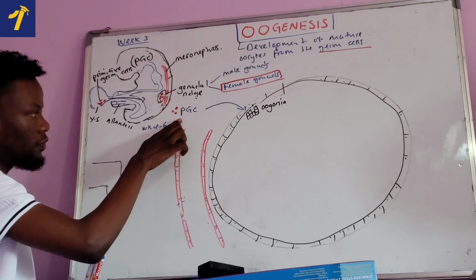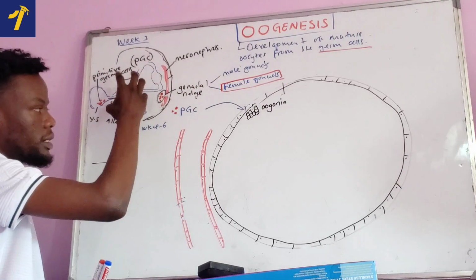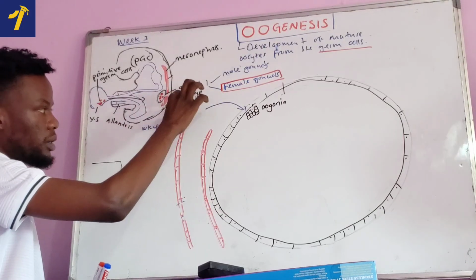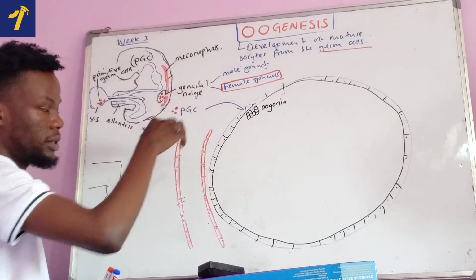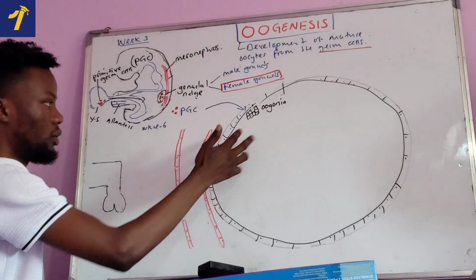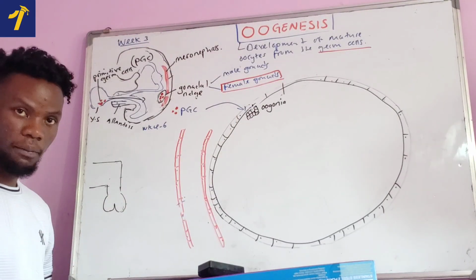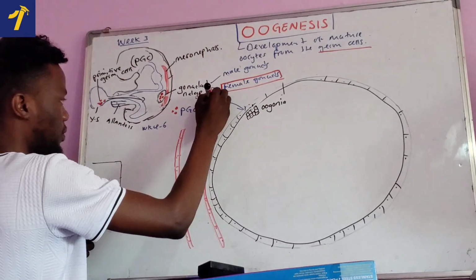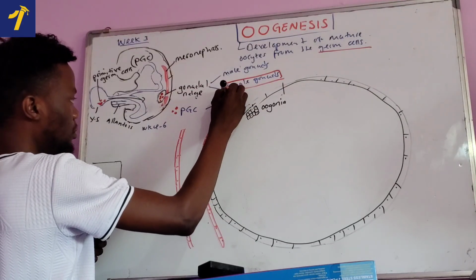Okay, we need to understand that. Again, as the fetus is growing and developing, these PG cells will start proliferating, dividing, and differentiating into oogonia, by the process called mitosis.